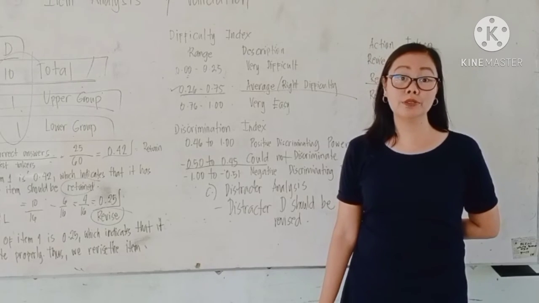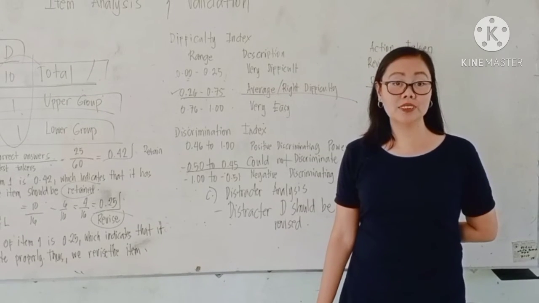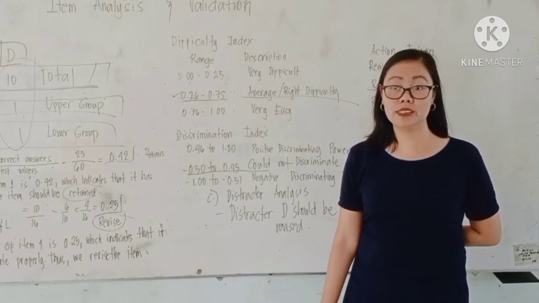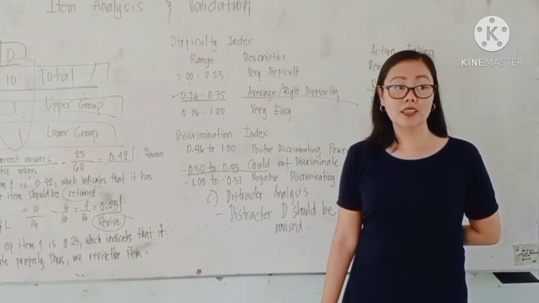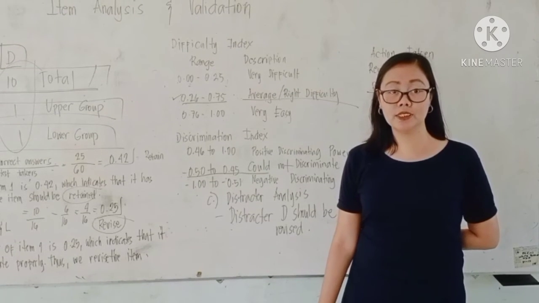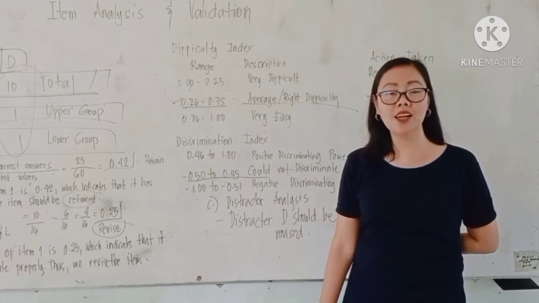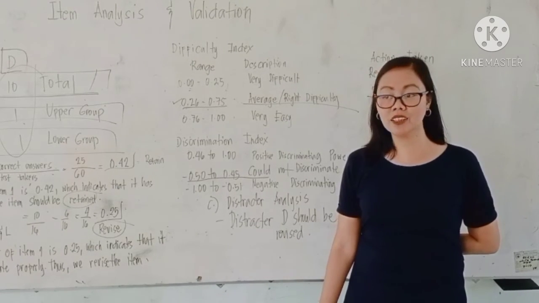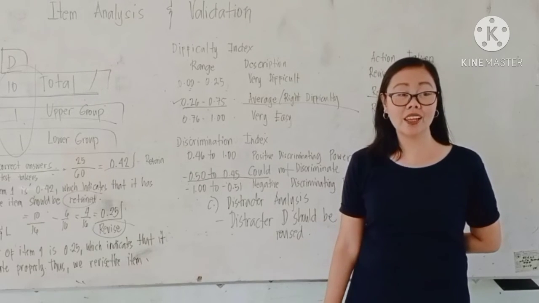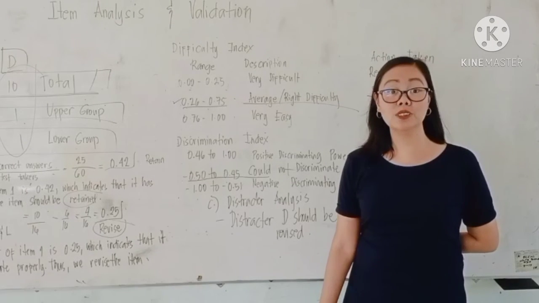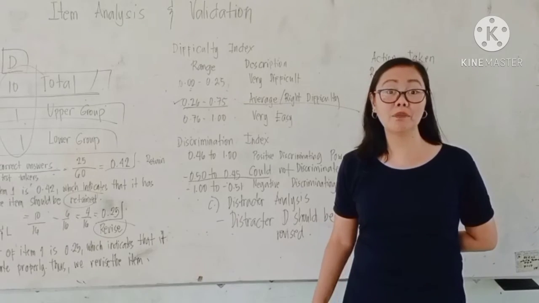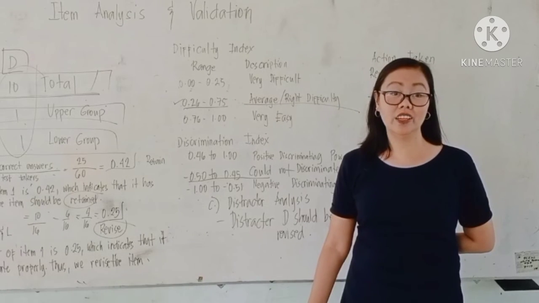So you have to really follow yung mga rules in constructing distractor. Yung sabi doon sa rule in constructing multiple choice, distractor has to be plausible and attractive. Pag sinabing plausible, katanggap-tanggap yung distractor na yun dun sa mga nag-aral, attractive naman siya dun sa mga lower group. Ganun dapat ang distractor. Okay?